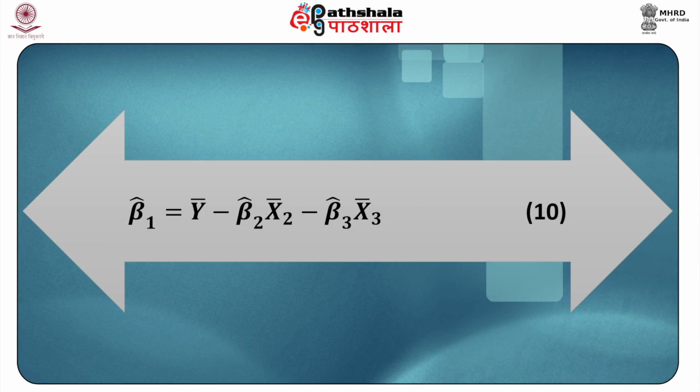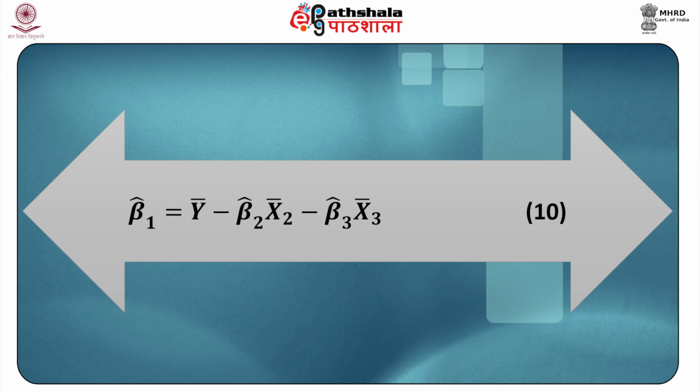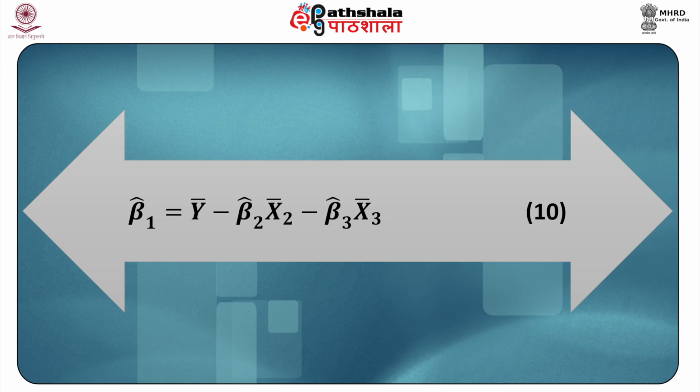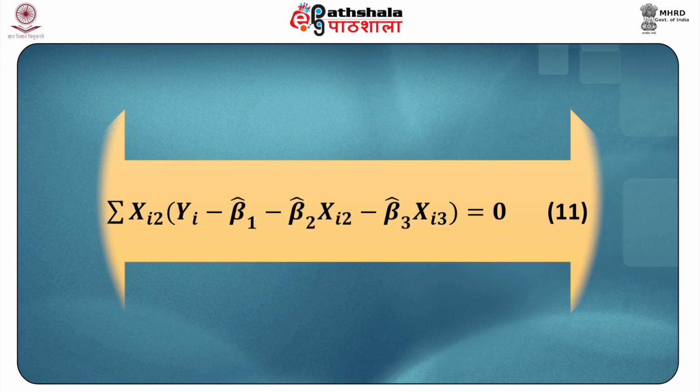Therefore we can see from this equation that we can write down beta 1 hat to be equal to y bar minus beta 2 hat x2 bar minus beta 3 hat x3 bar, and we can write down this equation as equation 10.